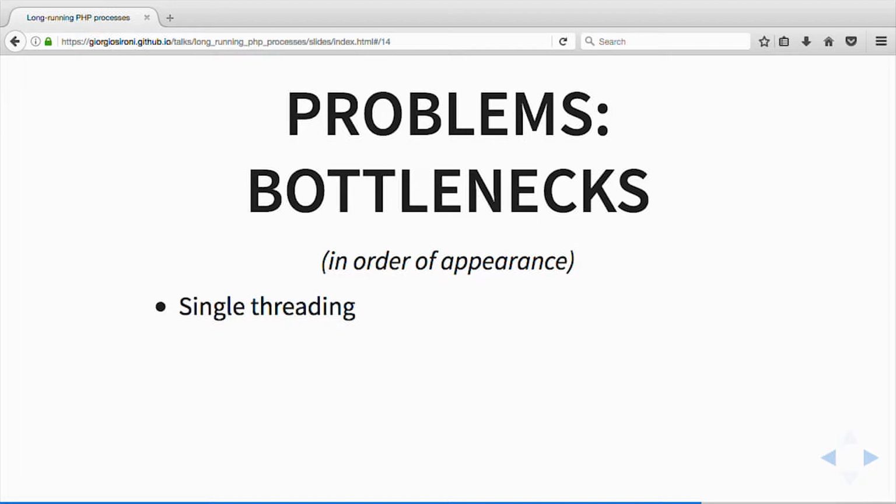We are not in an environment like Node.js, where we have many problems with callback hell, but we can do many API calls simultaneously very easily. We are not in a multi-threaded environment like the Java virtual machine, or even a green-thread environment like the Erlang virtual machine. We are in PHP, we only have a single thread of execution.